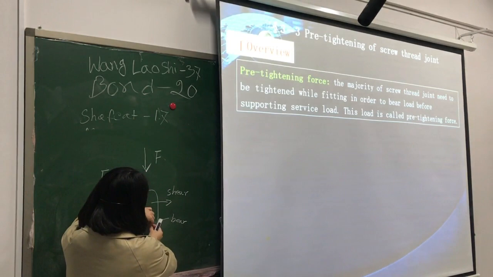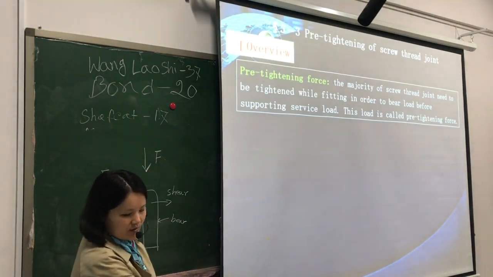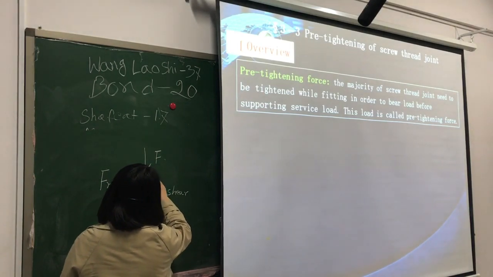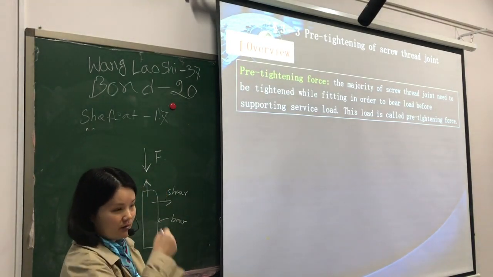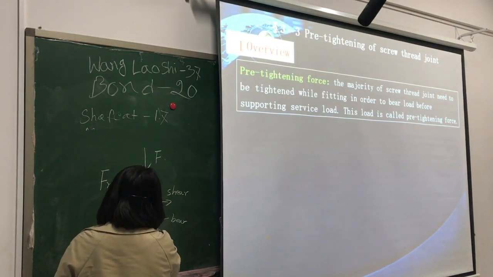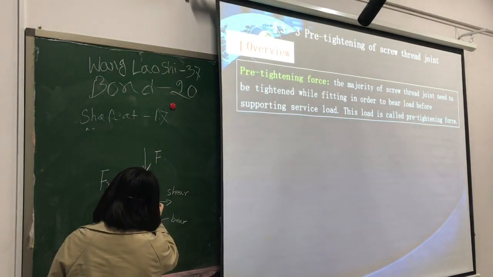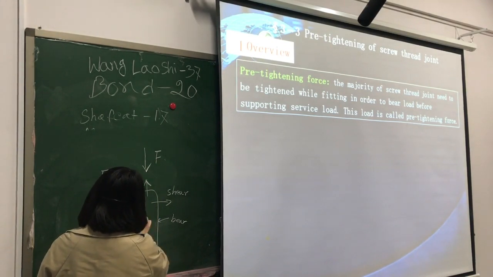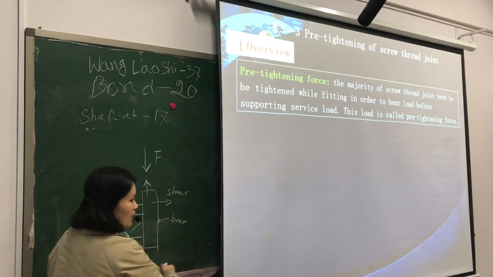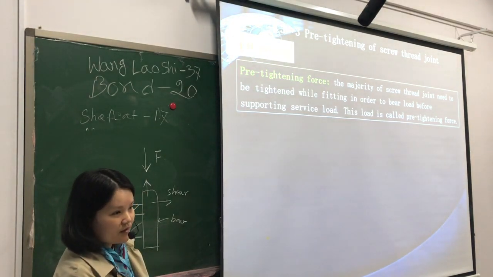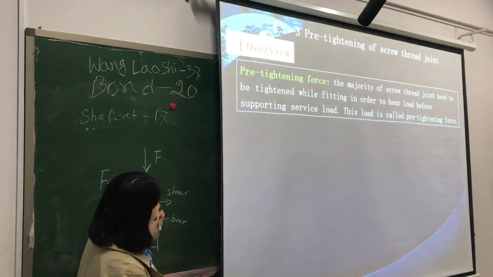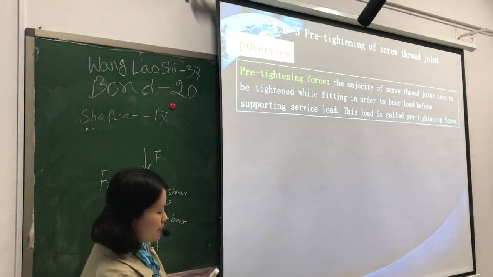The bolt is being stretched, so it is subject to a tension stress. And the connected members are compressed and subject to a compression stress. Okay, and this is the preload.